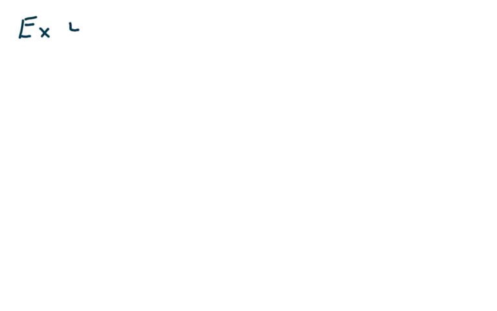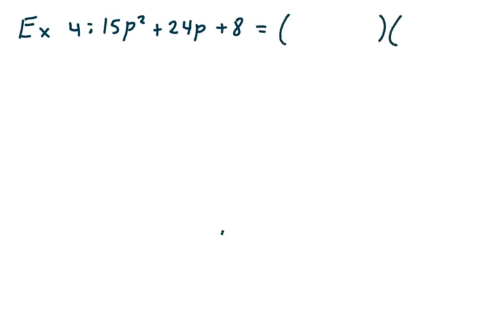Let's take a look at example 4. Suppose we had 15p squared plus 24p plus 8. When I break this down, I have a product of two binomials. The sign in the middle of each binomial has to be positive.